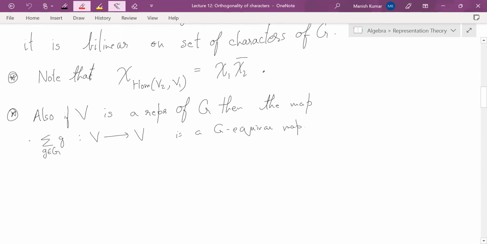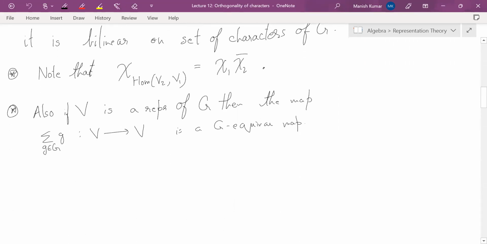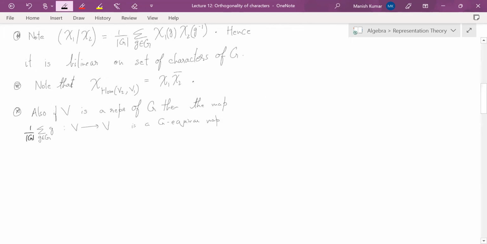So if you scale it by 1 over the size of G, I didn't realize I hadn't written some parts of it, then it is this, and then also it is of course equivariant.